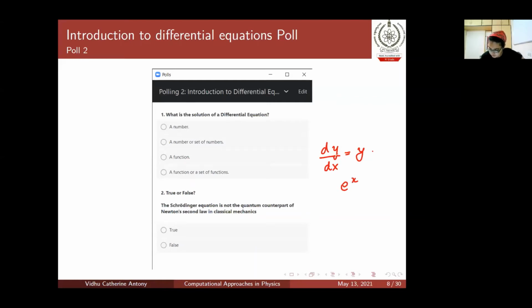When you take dy by dx, you get e power x again. So if y is equal to e power x, this is what you get. Now, is there another solution that you can put into this whole thing? So let's look at a different function. Let's say, what can we say?